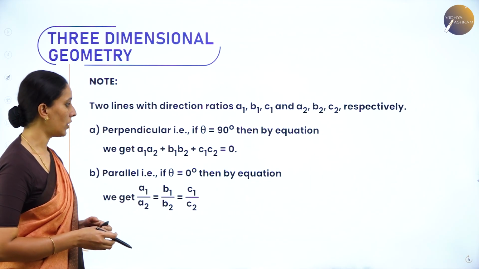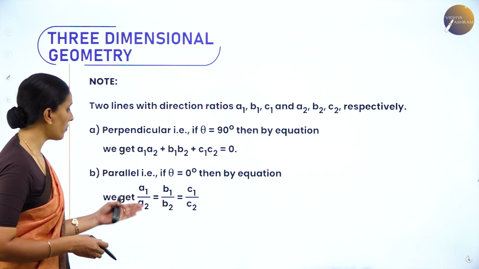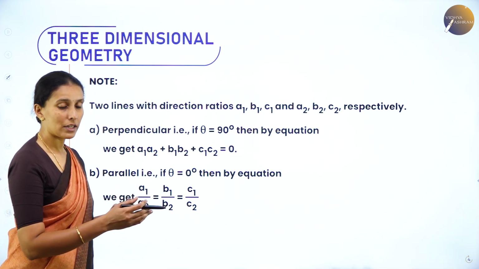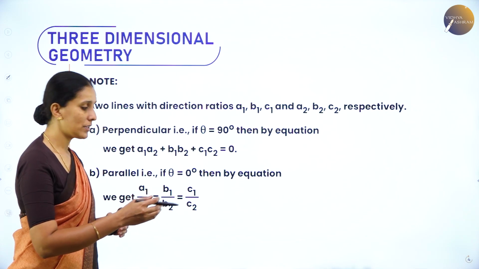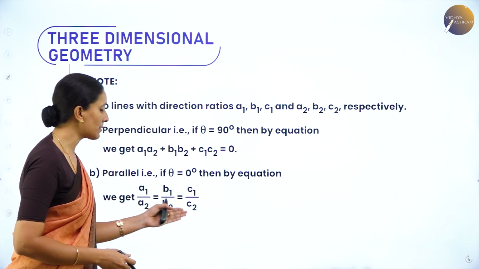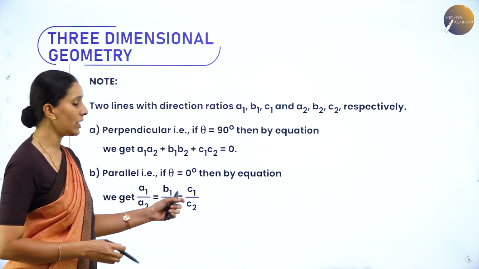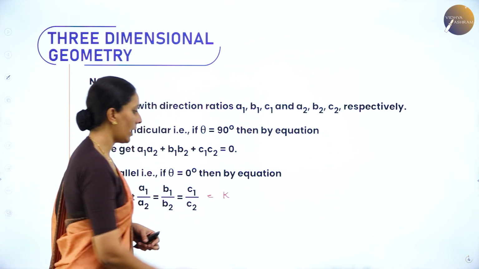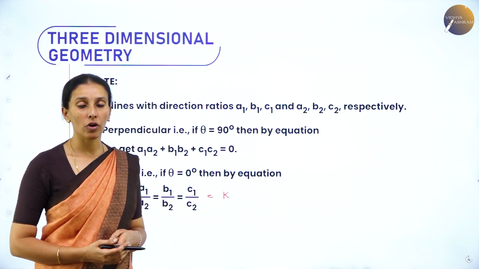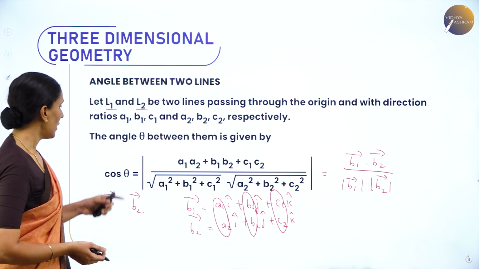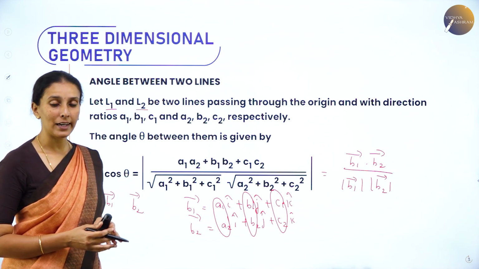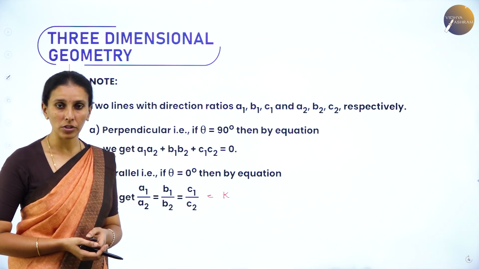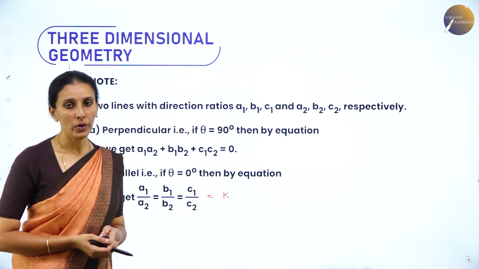And if the direction ratios are in proportion, that is, vector b1 is A1, B1, C1 and vector b2 is A2, B2, C2, and the ratios of their respective components are equal to some constant k, then the two lines are parallel to each other. Hence, if cos theta is 0, the two lines are perpendicular. If the direction ratios are in proportion, they are parallel.